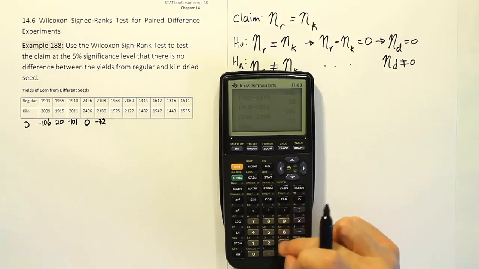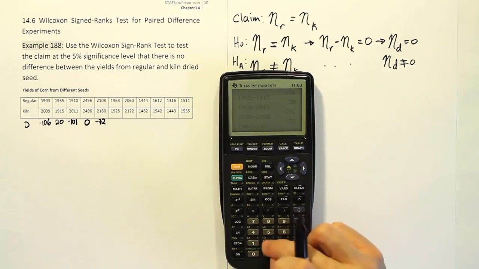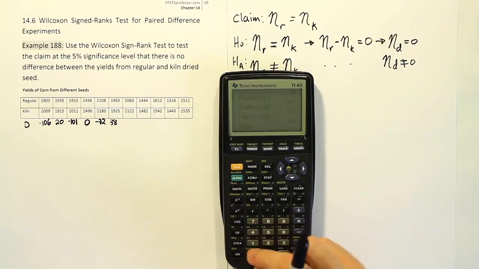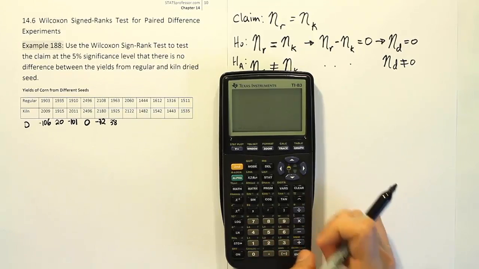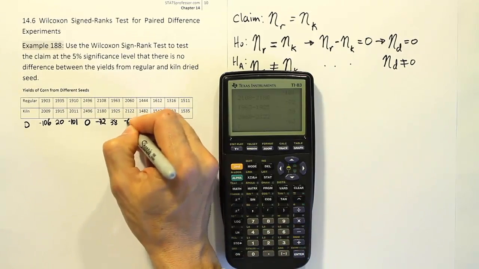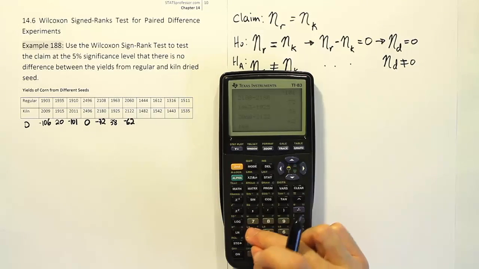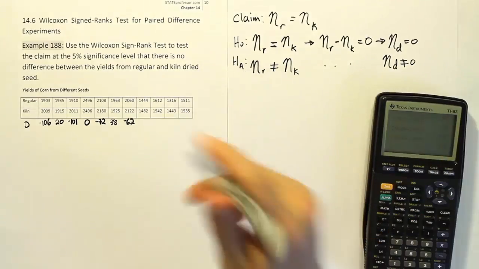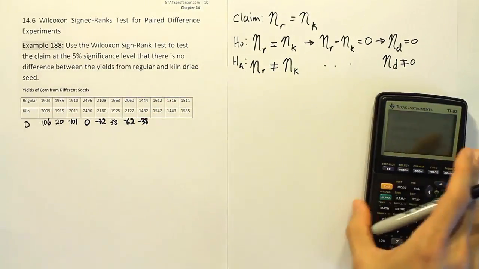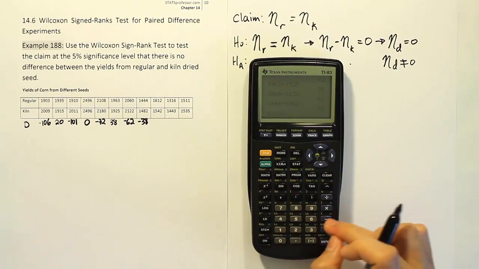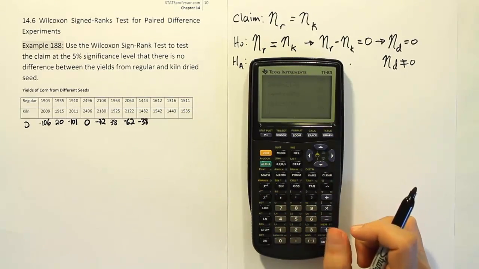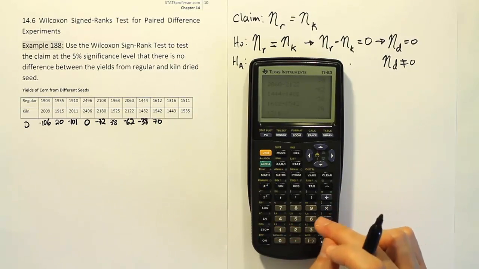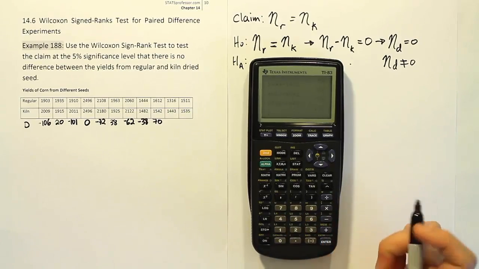Then 1963 minus 1925, and we get the answer 38. 2060 minus 2122, negative 62. 1444 minus 1482, we end up with negative 38. 1612 minus 1542, we get positive 70. 1316 minus 1443, we get negative 127.